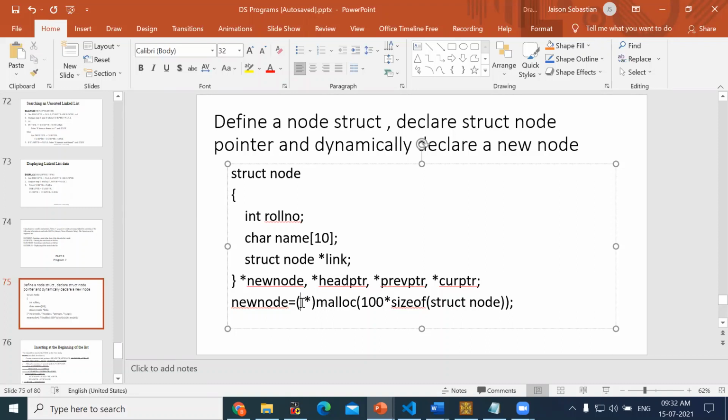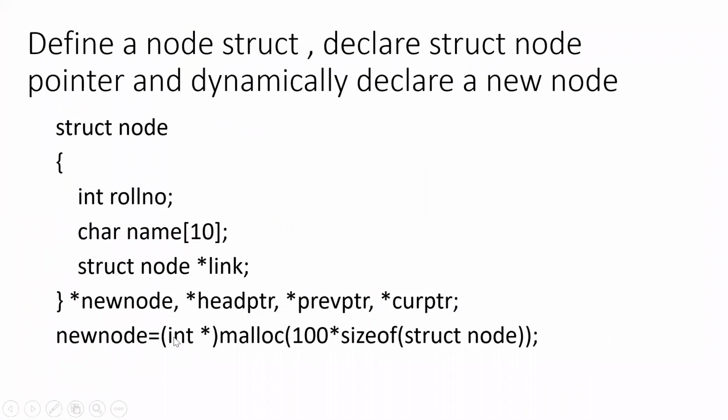If you want to create an integer pointer, malloc returns a void pointer, and that has to be typecasted into an integer pointer. You can mention it as int star in brackets; whatever data type you mention, the pointer returned will be able to store the address of a variable of that data type, right?